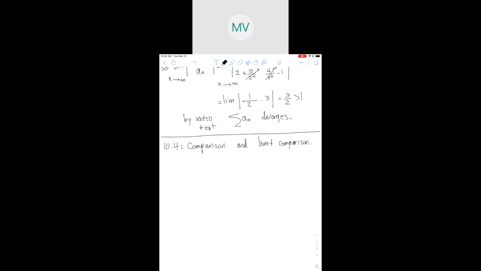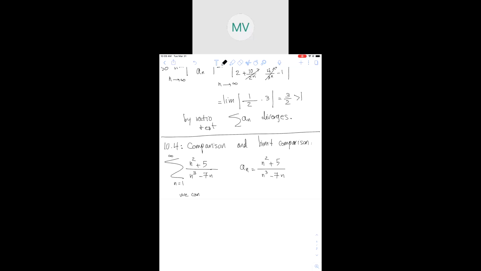Let me start with this example. For something like n squared plus 5 over n cubed minus 7n, as n goes from 1 to infinity. Here a sub n is n squared plus 5 over n cubed minus 7n. Feel free to set up the ratio.